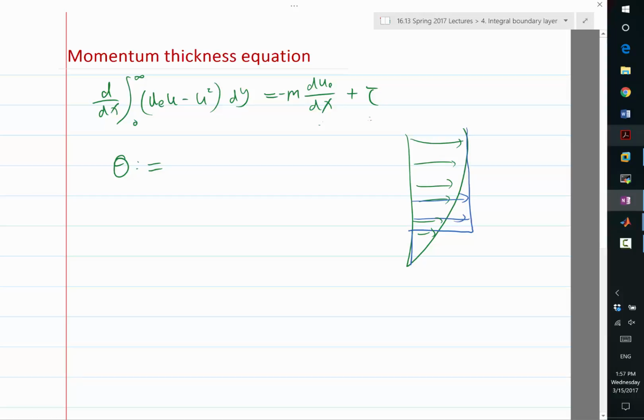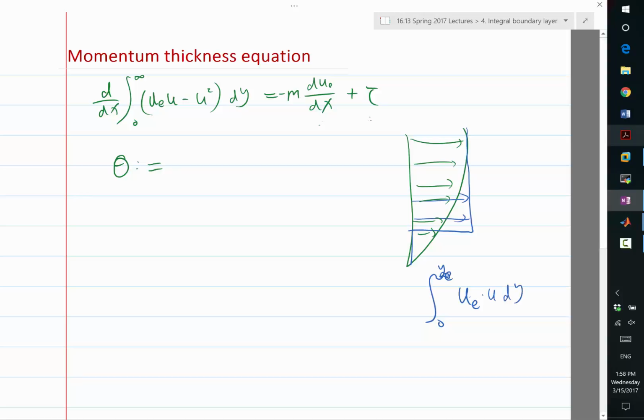So the mass flux is always the integral from 0 to infinity of u times dy. And for the ideal boundary layer, the momentum is the integration from 0 to ye, the edge, of ue, which is the velocity, times u dy.